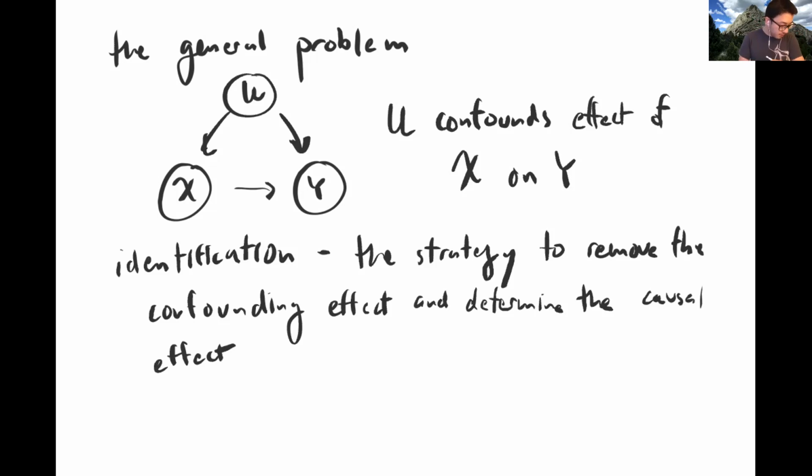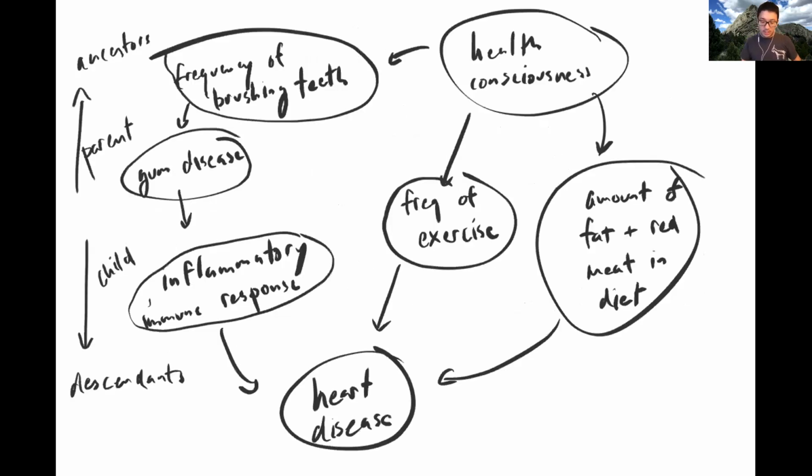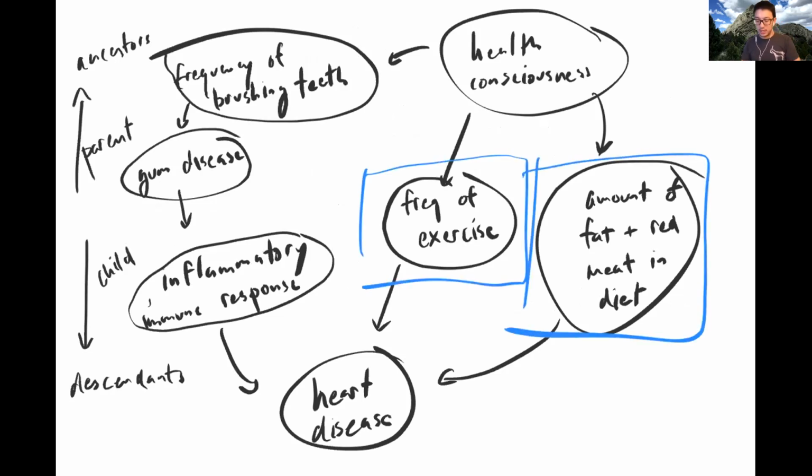Okay, so let's talk about different strategies to do this. In the first example, one of the ways you can do this is to control for all of your variables on the side.